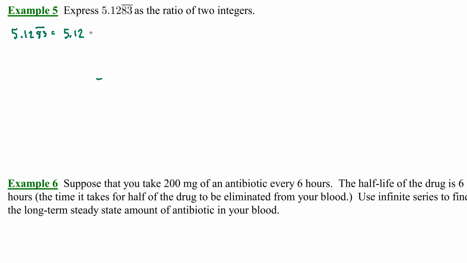All of our infinite decimals can be written as the sum of finite decimals. So I'm going to take that 5.12 off and express this as the sum of a repeating pattern here.